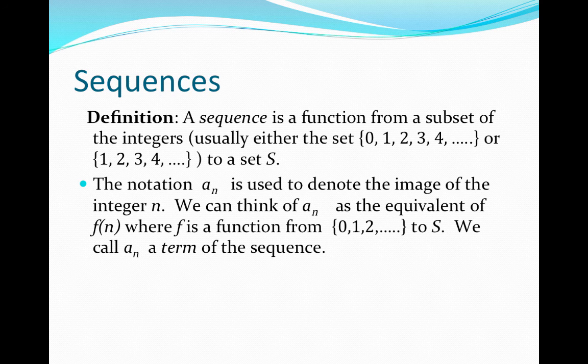So in our previous examples, our elements also fell within the natural numbers and the positive integers, in fact. So a sequence is just a function, but it's a special function defined on a particular domain, either the natural numbers or the positive integers.